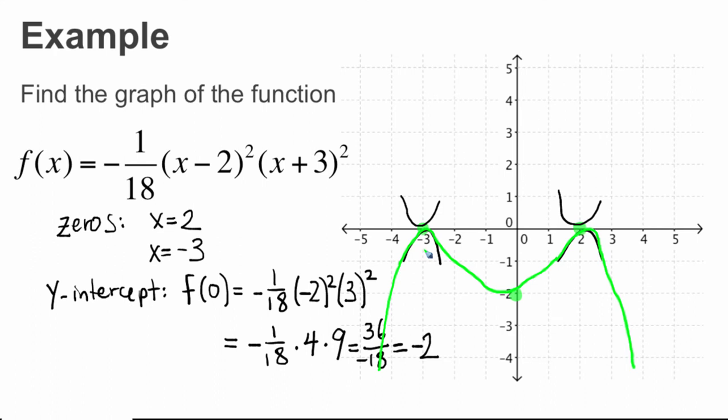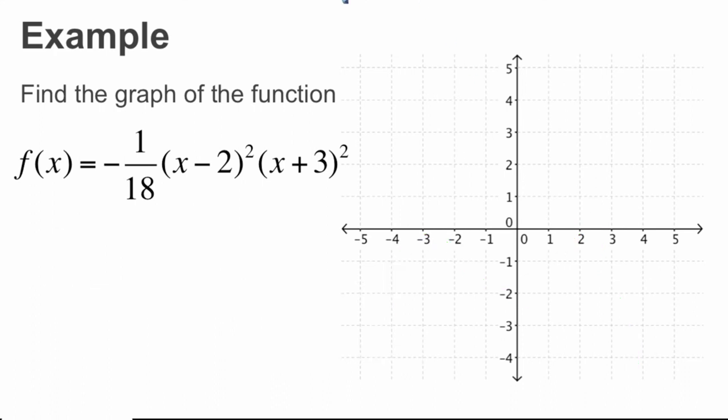This isn't a perfect drawing because our shape should be a little bit smoother than this, but that's a rough idea of the behavior of our polynomial. It's going to come up from the left, bounce off at -3, hit our y-intercept at -2, go back up to 2, and then continue back downwards as x increases from there. So that's a rough picture of what our function looks like.